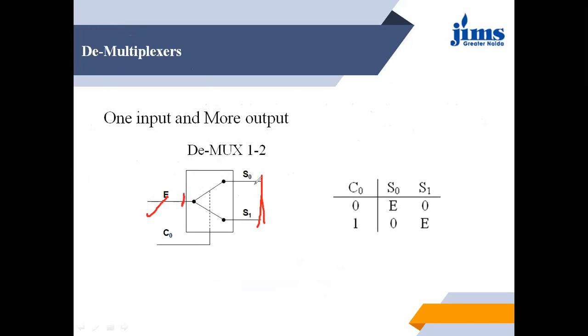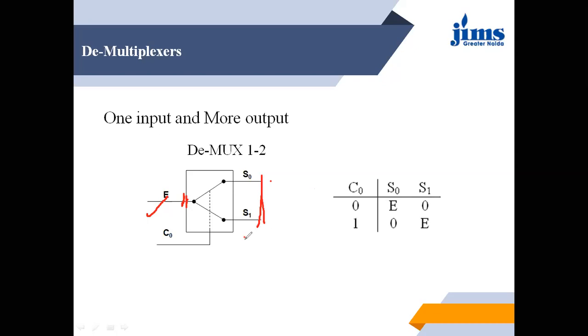We have to decide to which output this input is transferred. So these are devices in which we select which input we give to which output. We are not changing the value of the input; we only select which input we have to give to the output, or which output the input is provided to.